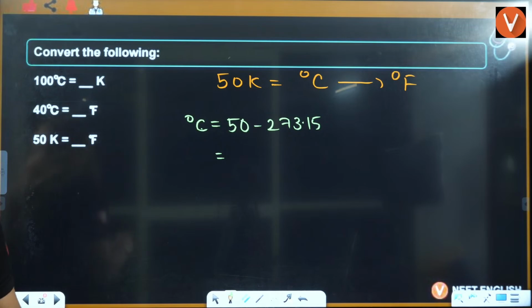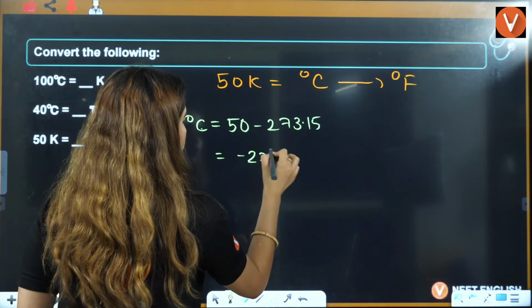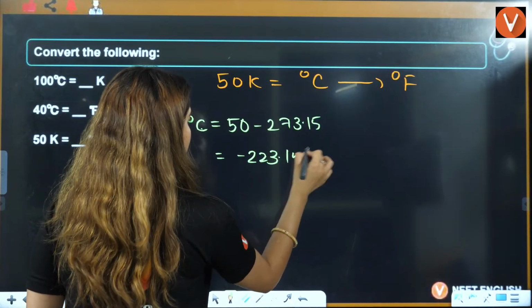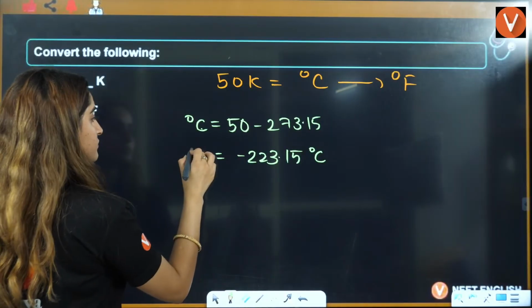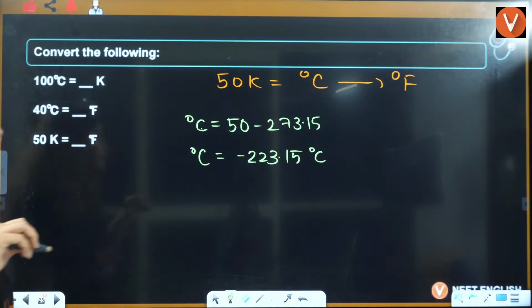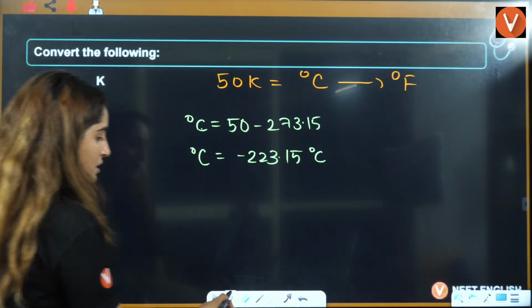It will be negative only, right? So 50 minus 273.15 is minus 223.15 degree Celsius, a very low temperature, right?